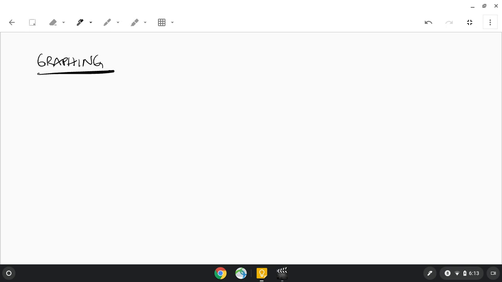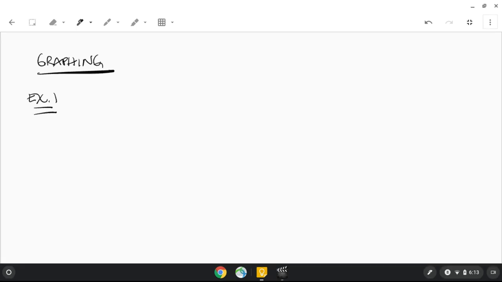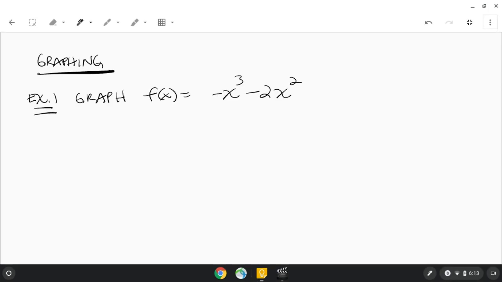Okay, so suppose that I wanted to graph this here. Let's go ahead and graph f of x equals -x cubed minus 2x squared plus 5x plus 6.